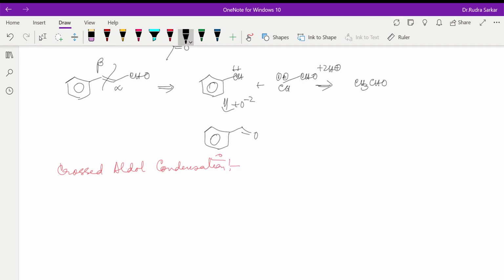So what happens when two aldehydes, both having alpha CH, are used in the same reaction container?